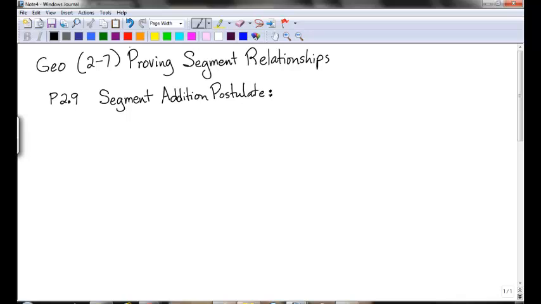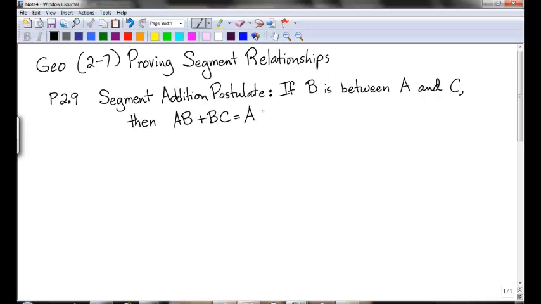Okay, and it says if point B is between points A and C, then AB plus BC equals AC.